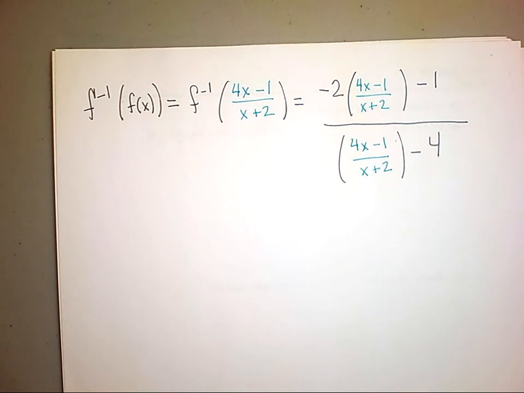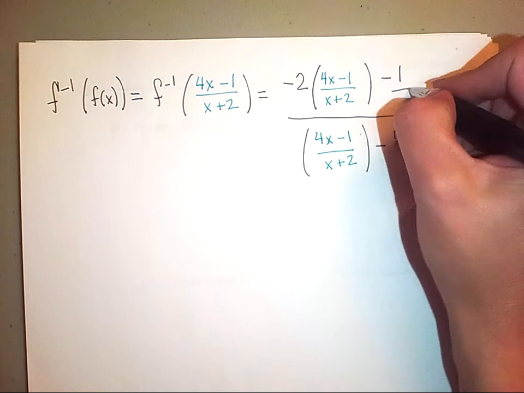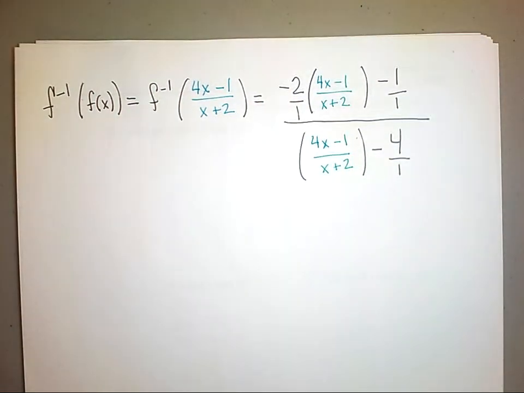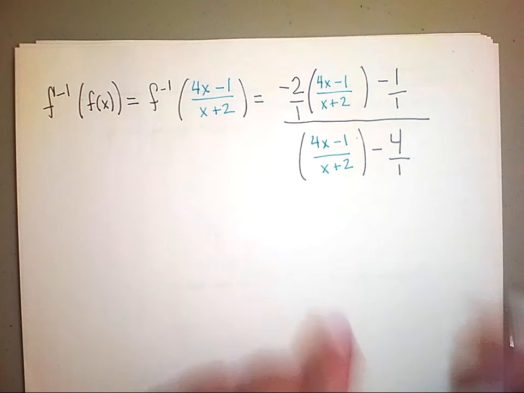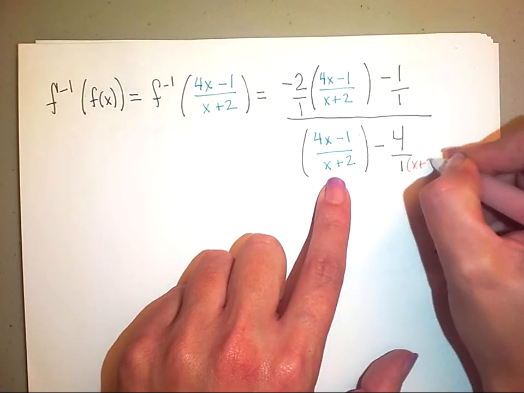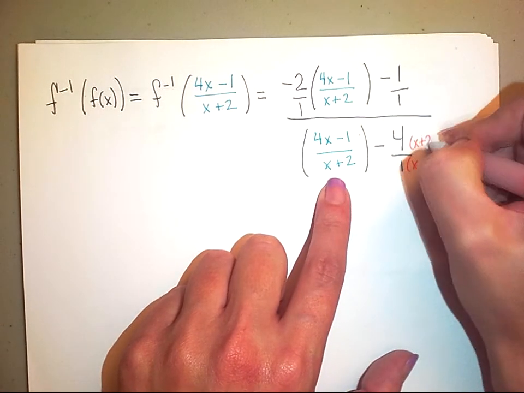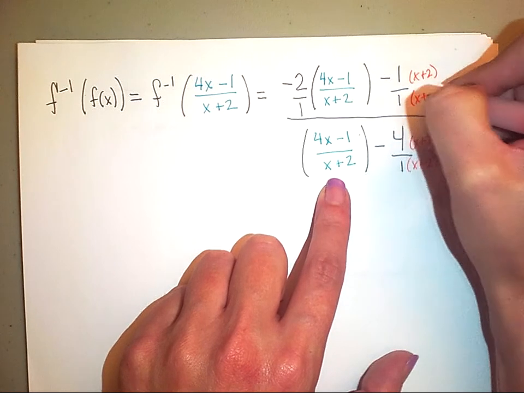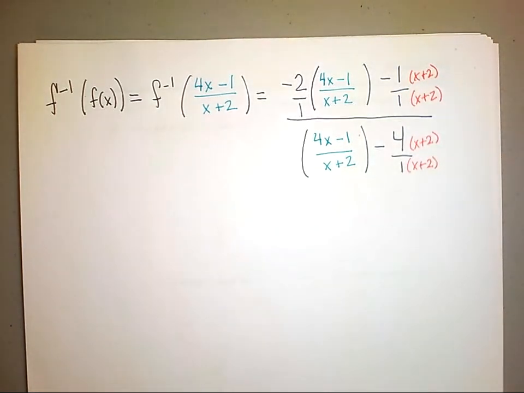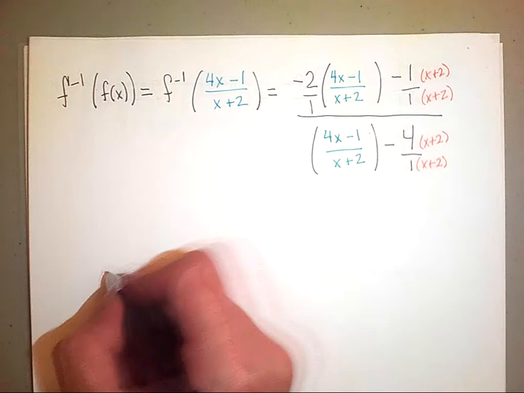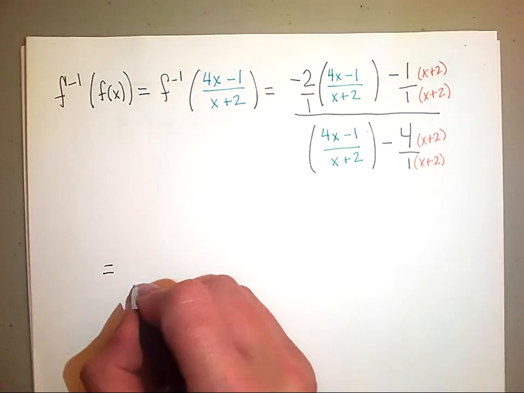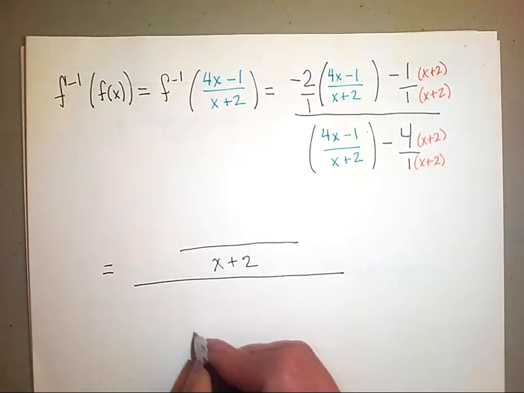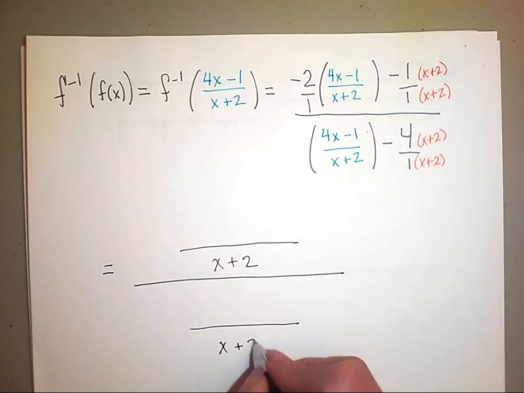So this is going to work exactly the same way. We need to get common denominators. And that common denominator will be x plus 2. Okay, so let's see what we'll have up top then. So in the bottom, x plus 2 will be the denominator for both.